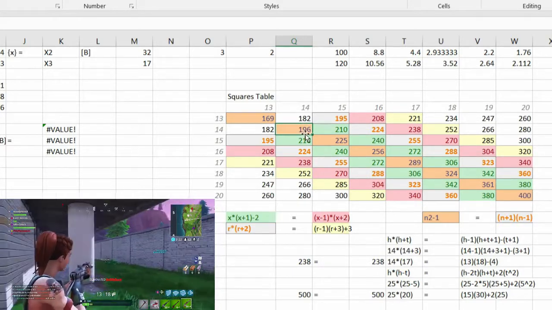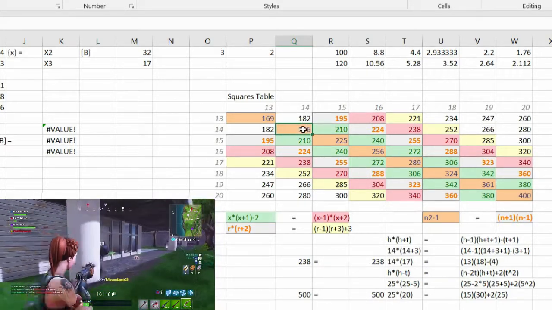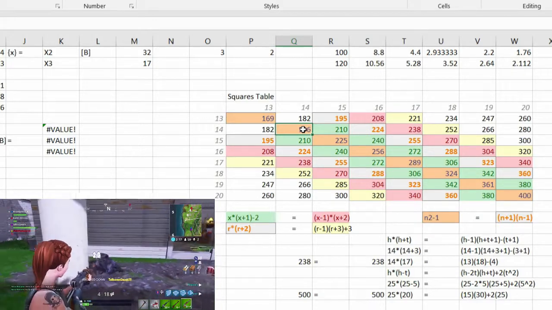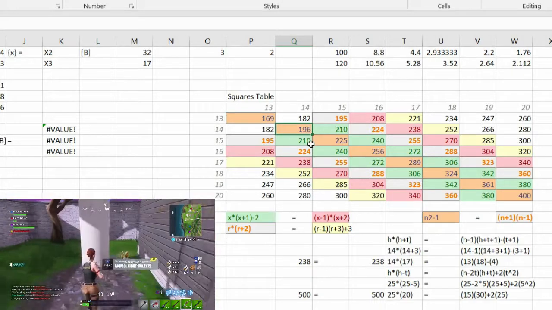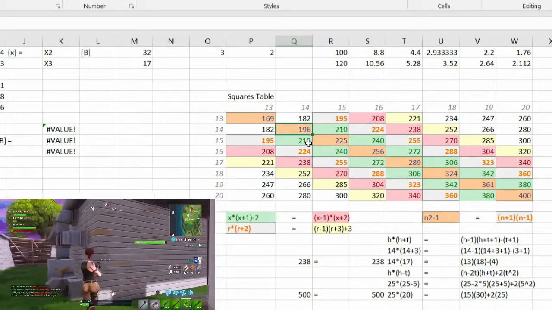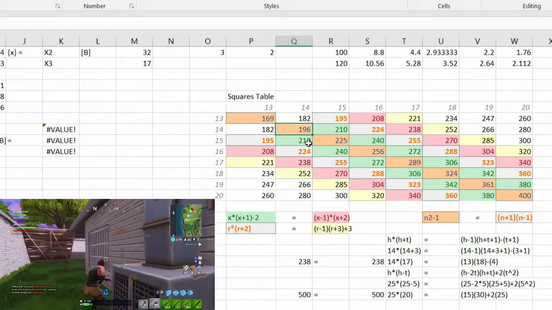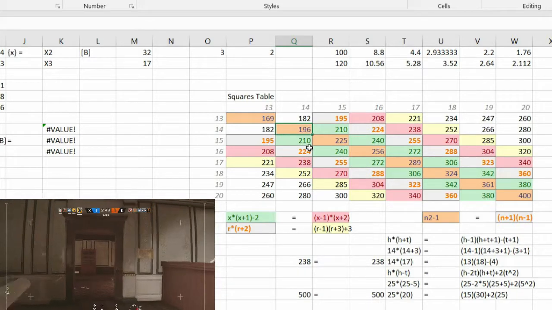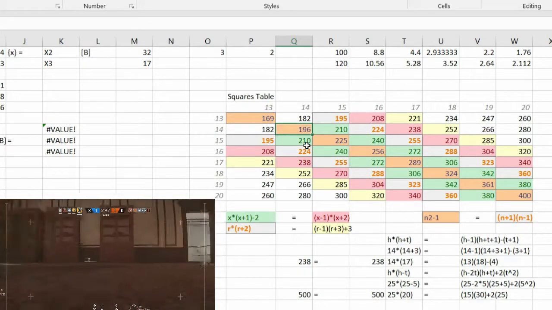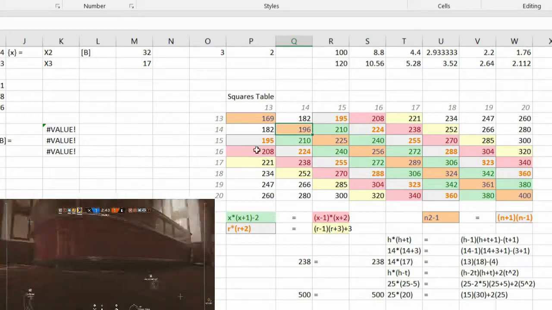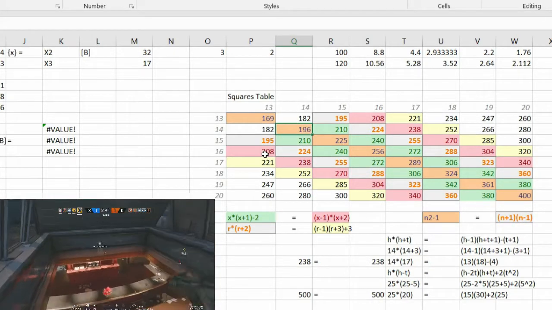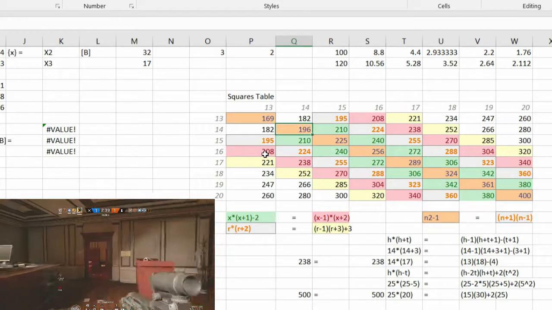Well, you know what, that's a bad example. I'm sorry, ignore that. Let's focus on 15 times 14, because that's a better example. 15 times 14 is 210. As you can see here, this is 16 times 13.